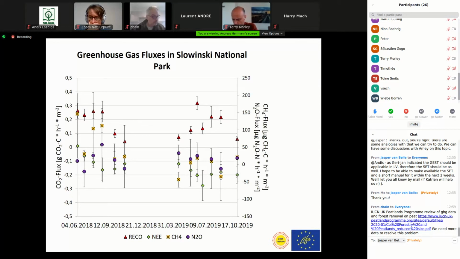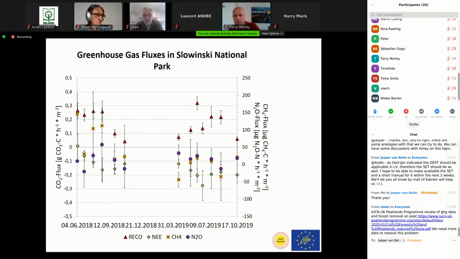We used different model approaches. Maybe some of you saw in the first presentation the process based modeling. We also have a very simple one. We use Michaelis-Menten kinetics and the Lloyd-Taylor approach to model the annual balances of the respiration and maybe also of the NEE or the GPP.